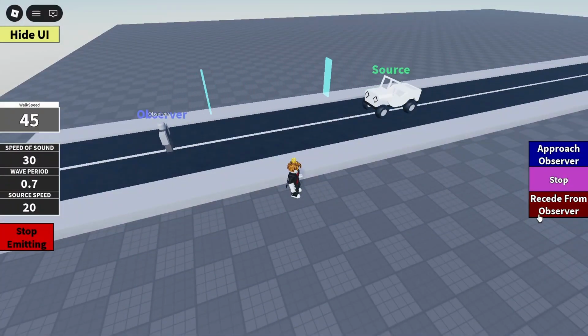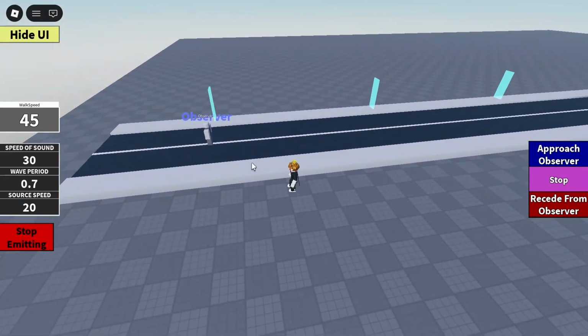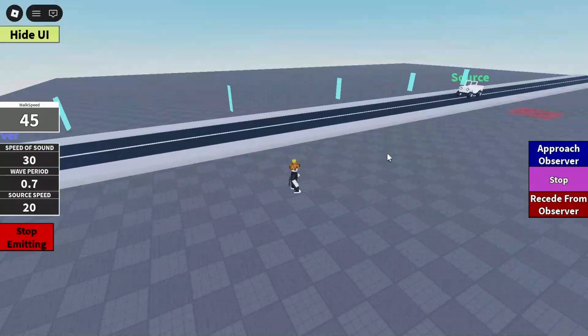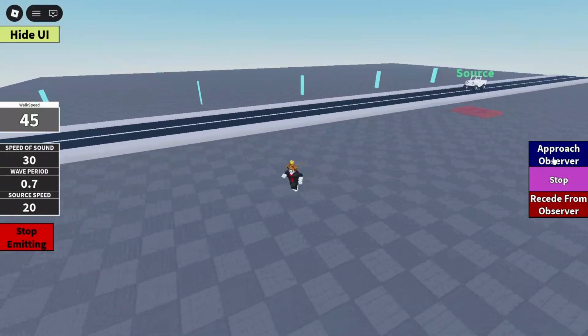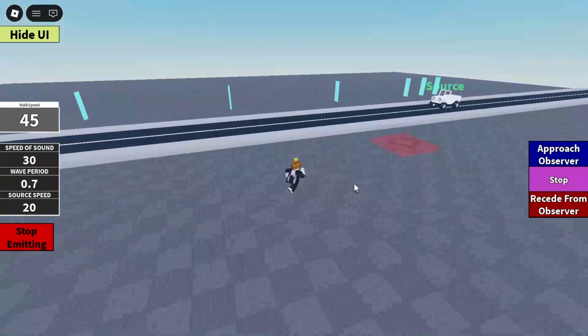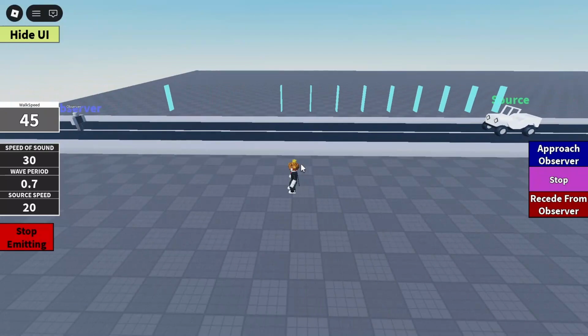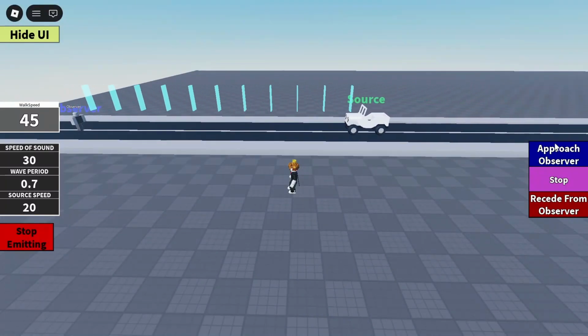Like if the car was moving away, the observer would hear a lower pitch sound, as opposed to when the car approaches the observer. Okay, so it would hear a higher pitch sound. This is because the pitch of a sound increases with its frequency.